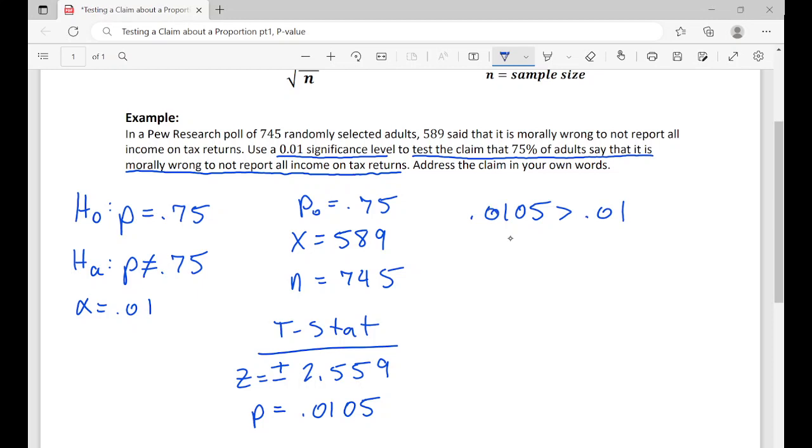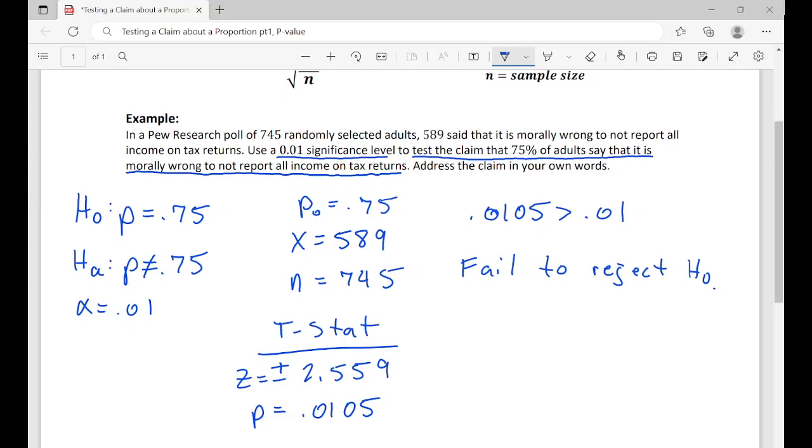So since the p-value is greater than our alpha value, we fail to reject our null hypothesis. But again, because we are failing to reject it, we still need to state our claim in a sentence or so of what we're actually doing, because that's what it says in the last part of the question: address the claim in your own words.